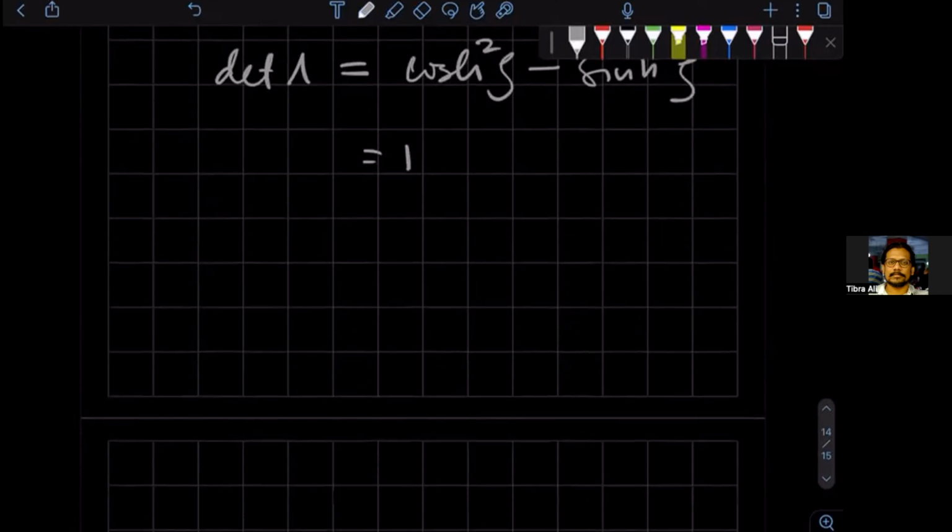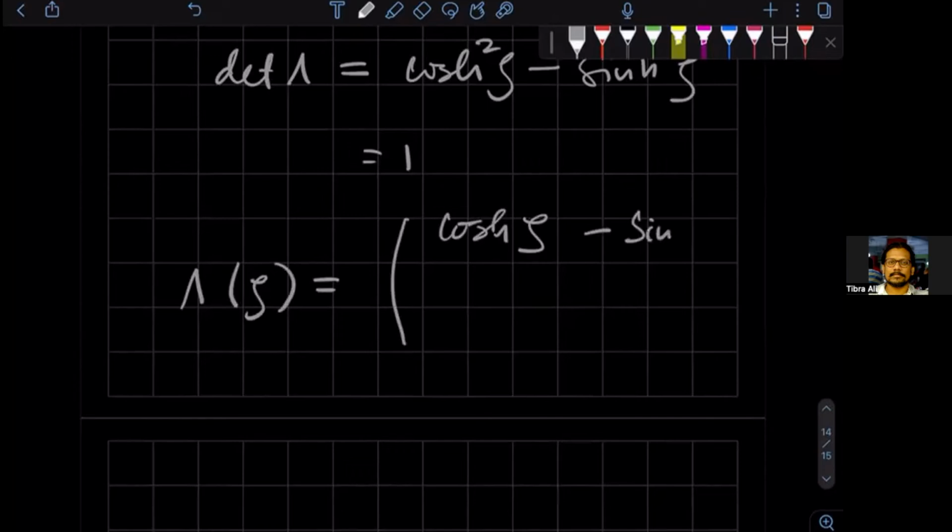Now if I express my Lorentz transformation matrix in terms of zeta, I get this form, which is very similar to the form we had for the SO(2) matrices.